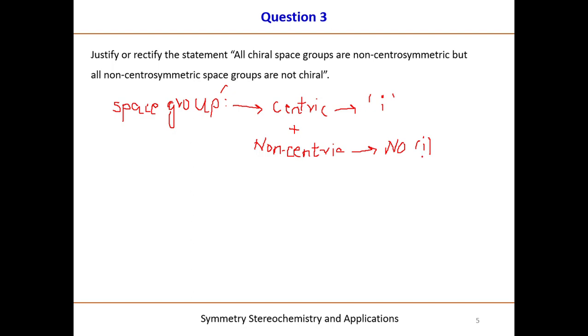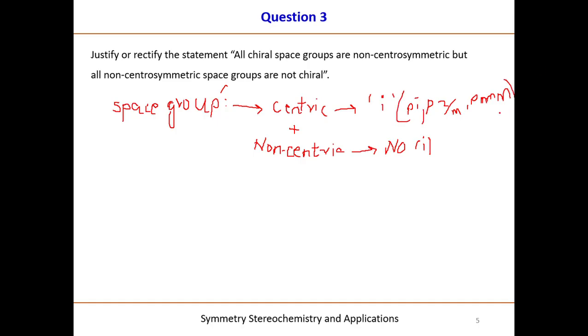So a centric group, which contains a center of inversion, has different point groups like P2/M, that is, a two-fold axis and a mirror plane, PMM, P1 bar, etc. There are many space groups of this type.